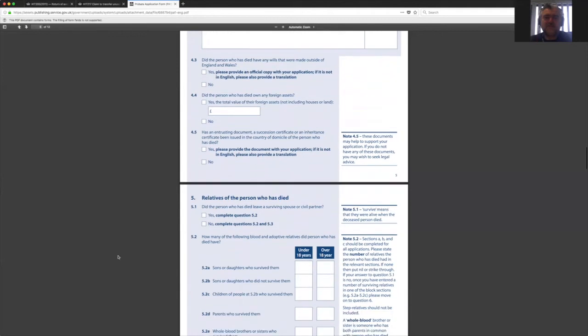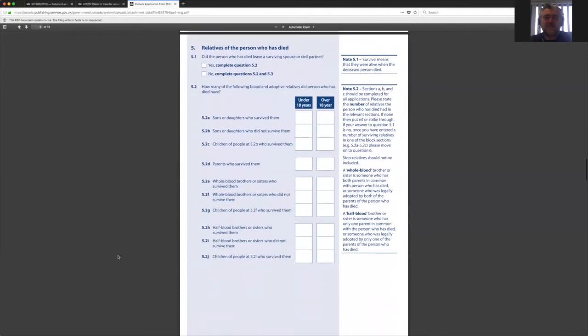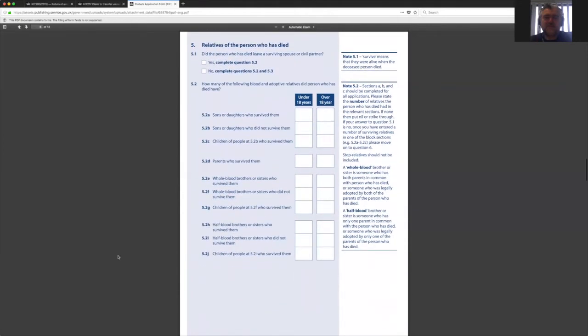Question 5 is questions about the relatives of the person who's died. I don't think there's anything too complex here. The probate registry are asking about relatives of the deceased. It is particularly relevant where there is no will, but you will see that they require questions 5.2a to 5.2c to be answered in all cases.